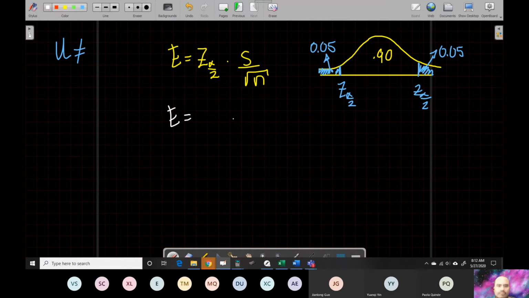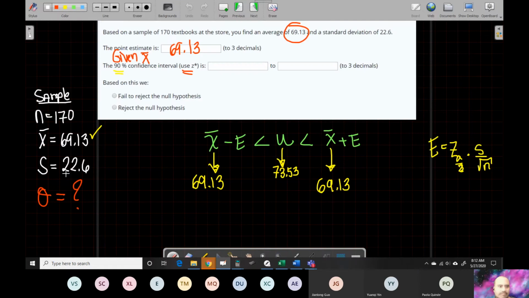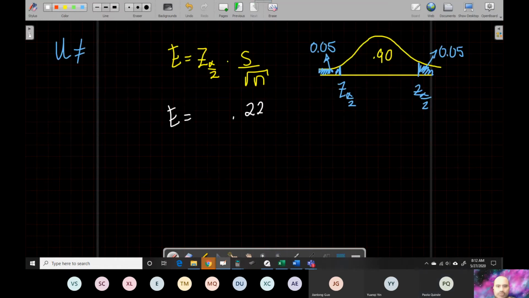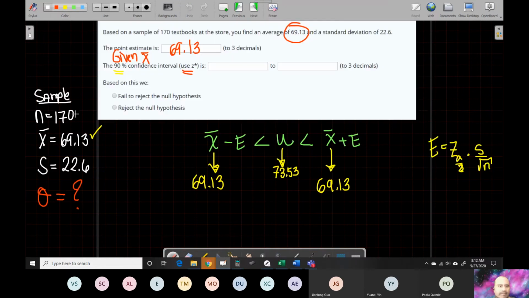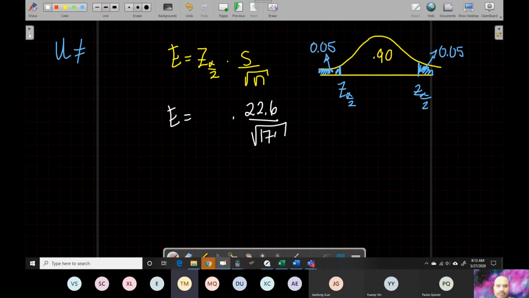We don't have this number, but we have the standard deviation. I believe that they gave you the standard deviation, 22.6. We also have n, it was 170. And what we don't have is this, so we're going to use the calculator to find that value.